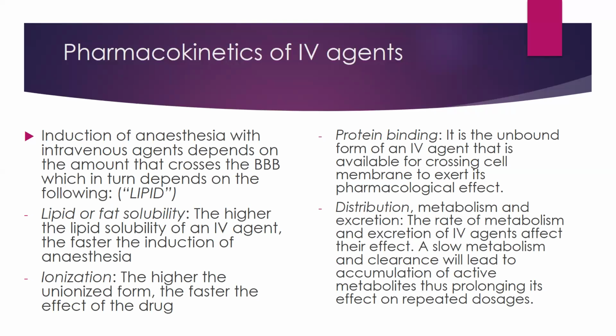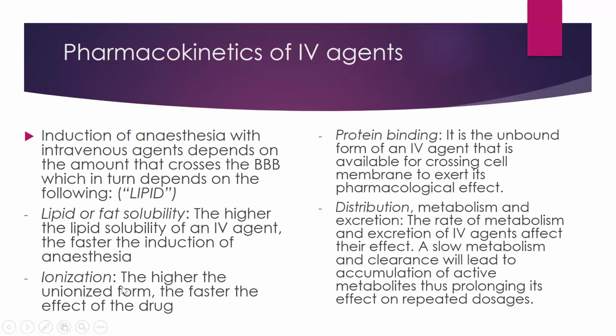An agent with slow metabolism and clearance will lead to accumulation of active metabolites with prolonged duration of action, especially on infusion or repeated dosages. So when we are talking about pharmacokinetics, we're talking about lipid or fat solubility, ionization of the agent, the amount of the agent bound to plasma protein, and distribution in terms of metabolism and excretion.